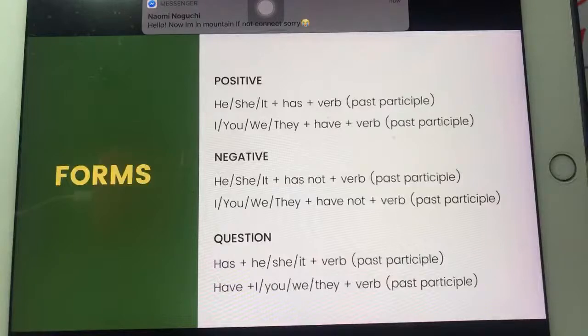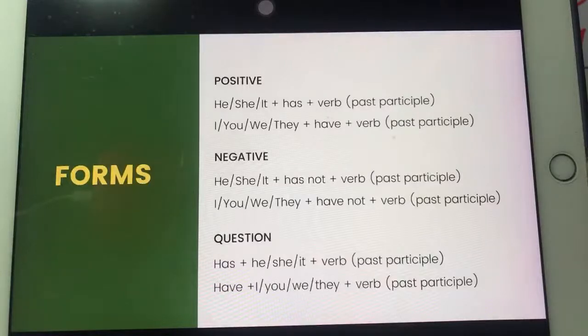So we have he, she, it plus has not plus verb. I, you, we, they plus have not plus verb.